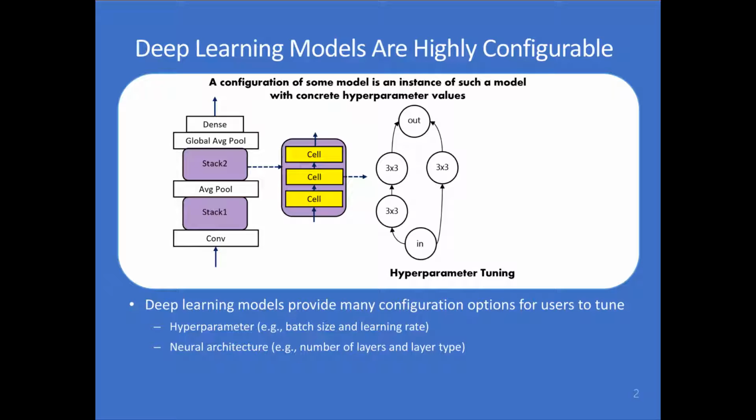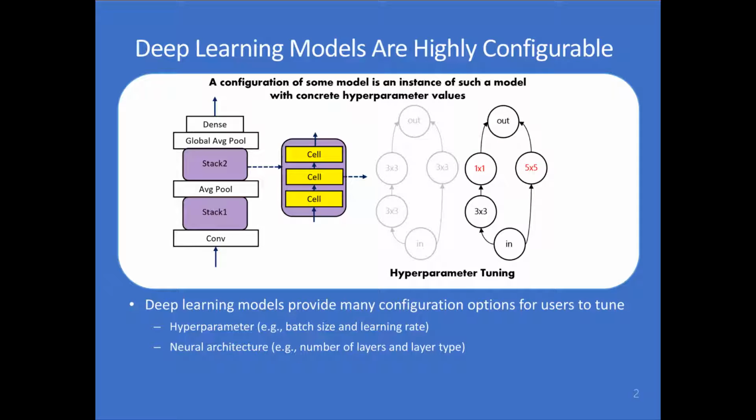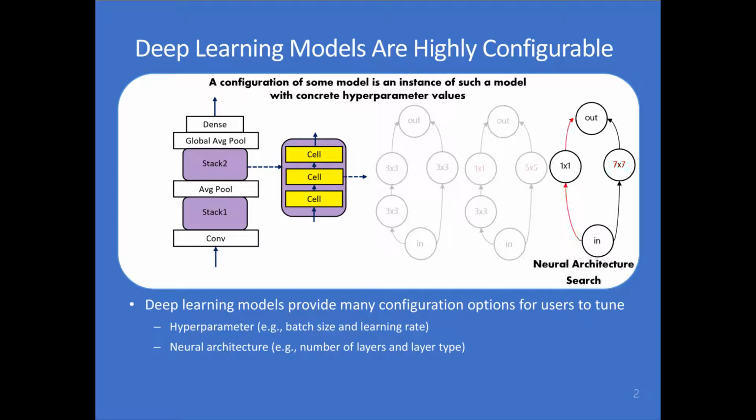For example, the default model's cell contains multiple convolution operators with 3 times 3 filter sets, in addition to input and output operators. When hyperparameter tuning, the filter size of convolution operators is adjusted, shown in the red cell. For neural architecture search, the connection between operators of the model is changed for the new architecture.